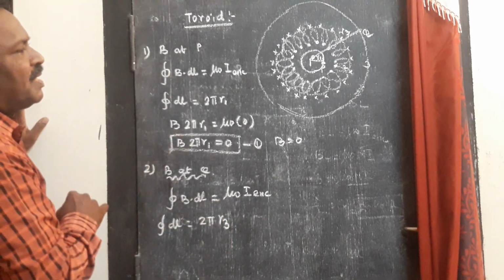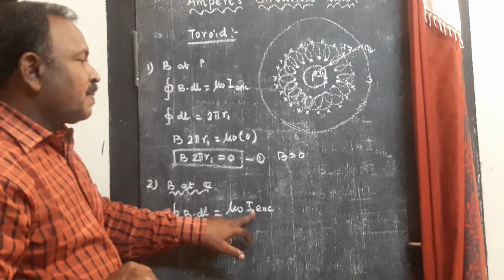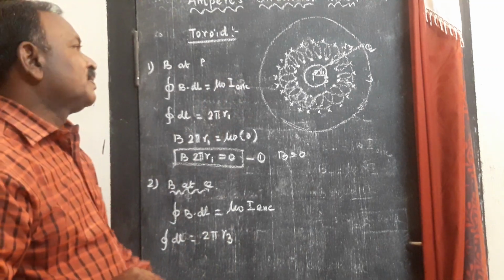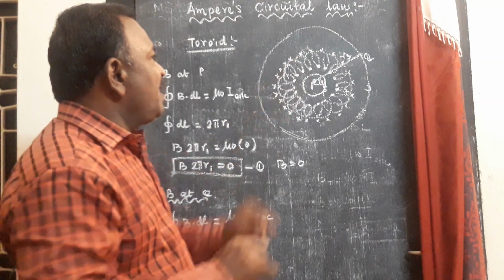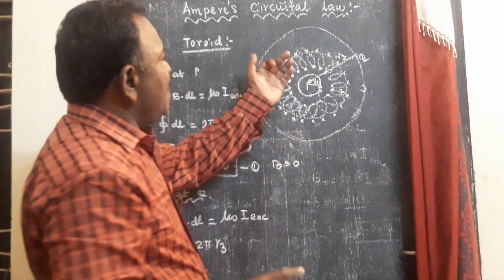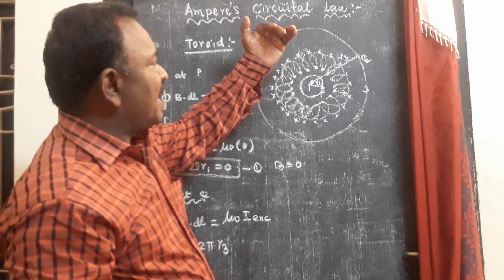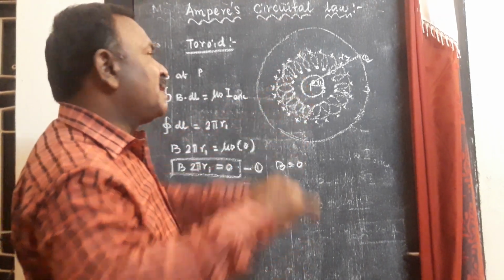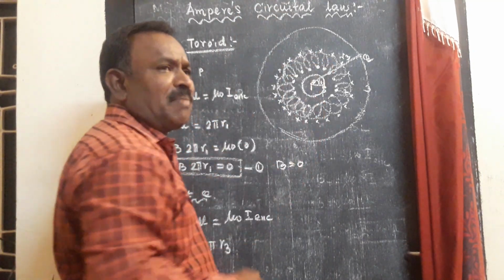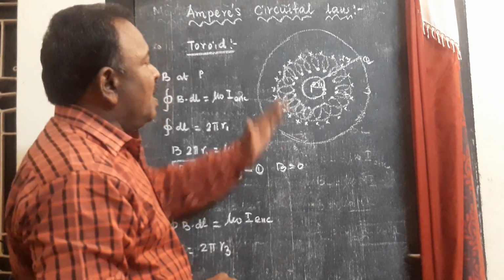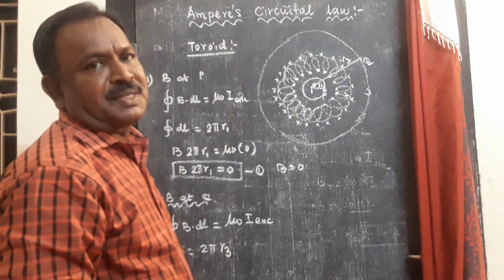But when you consider the net current enclosed by the Amperian curve, for every turn the current flowing outwards perpendicular to the plane of the blackboard is cancelled by the current flowing inwards perpendicular to the plane of the blackboard. So the outflowing current is cancelled by the inflowing current.